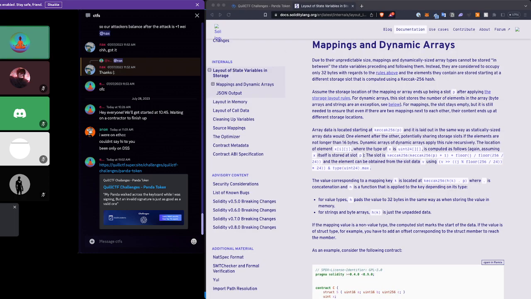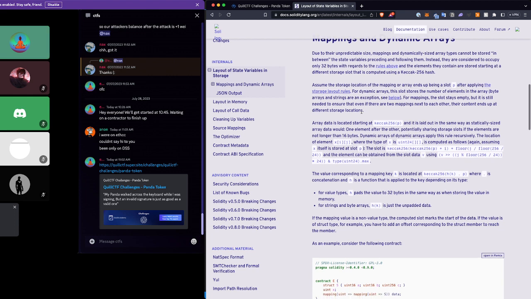Mappings and dynamic arrays in Solidity have some special definitions for their data and where it's stored in storage. So if we find mapping, there we go.